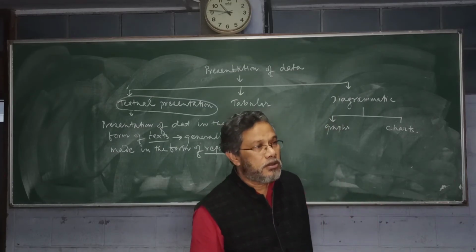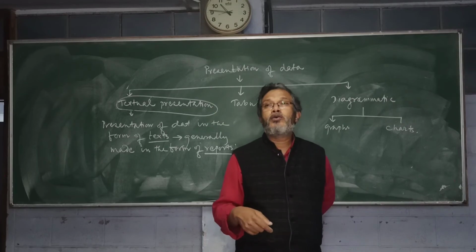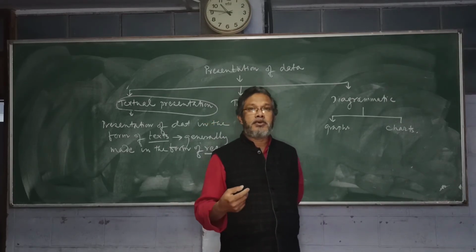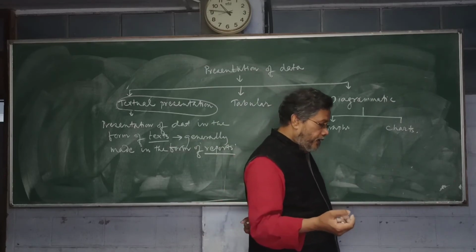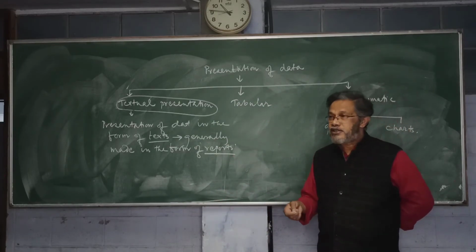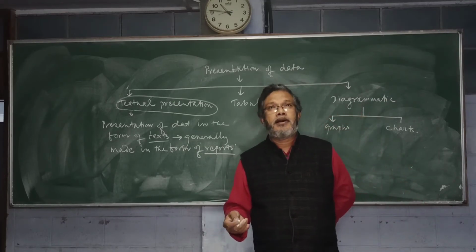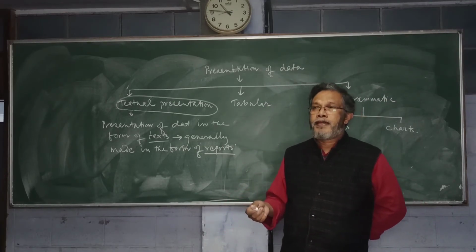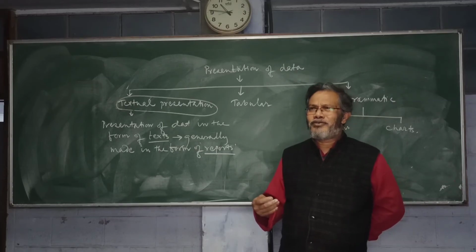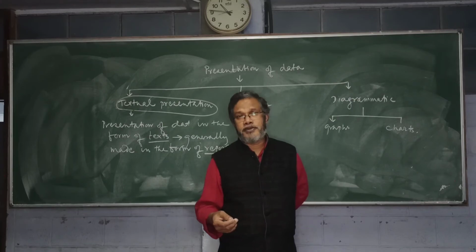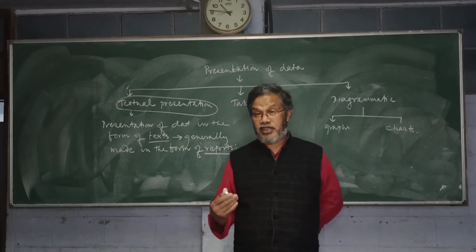I came to know through conversation with our HOD and the Dean of Students, the Dean of Arts, that we are expecting 30 students to be admitted this year, expecting.